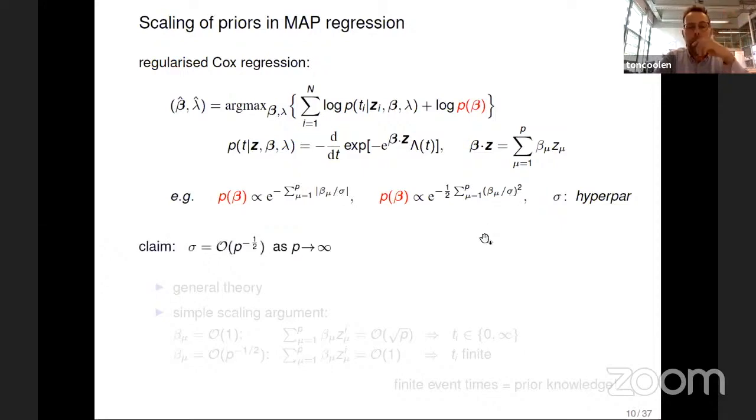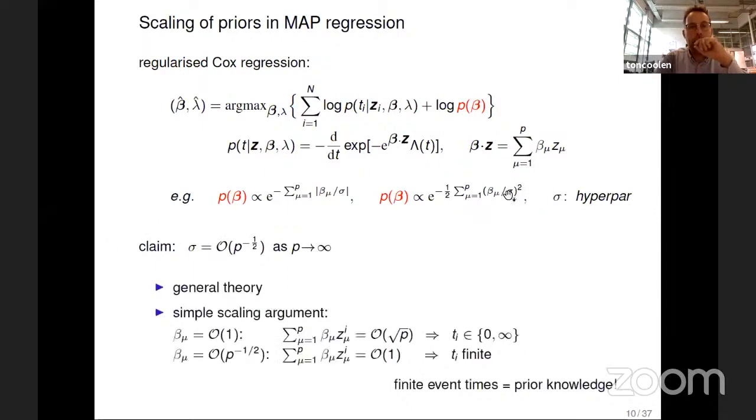Now, the claim that I would like to make is that this width, in fact, should also depend on p in the overfitting regime. And there are two arguments. First of all, it comes out with the general theory later, but there's also a very simple scaling argument. Namely, if you assume that these betas are order 1 objects, then a sum like this, which occurs in all these generalized linear models, would typically start scaling as square root p.